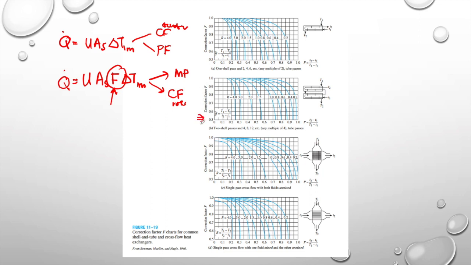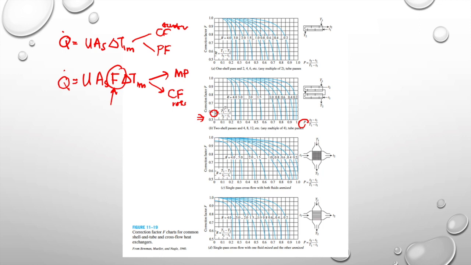I've already taught you how to refer to this figure. We have two different values that need to be calculated before you refer to this figure. The first value is the R value and the second value is the P value. You do not have to worry so much because this figure includes these equations. So here I will explain a little bit more on the R value.